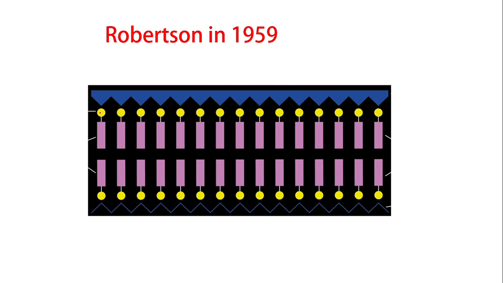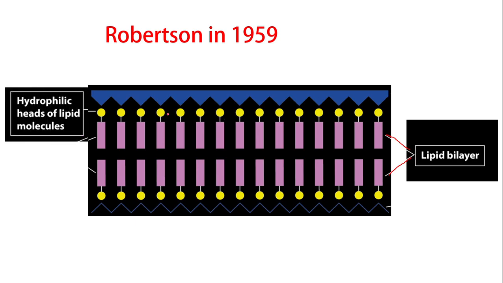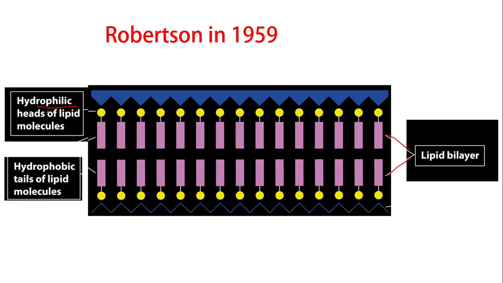This Robertson model is almost the same as the Davson and Danielli model. According to this model, the plasma membrane also consists of a lipid bilayer. The same is the case here: the head regions are the hydrophilic regions of the lipid bilayer, and the tail regions are the hydrophobic regions.